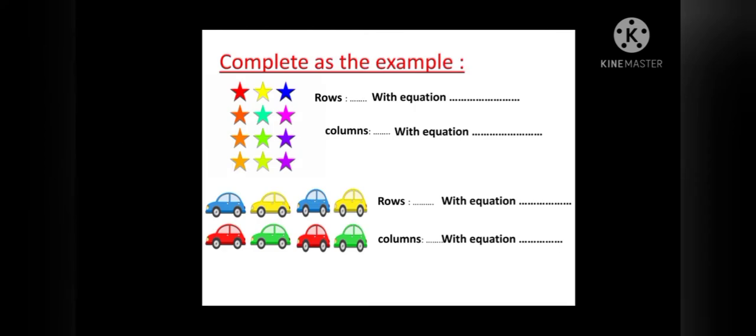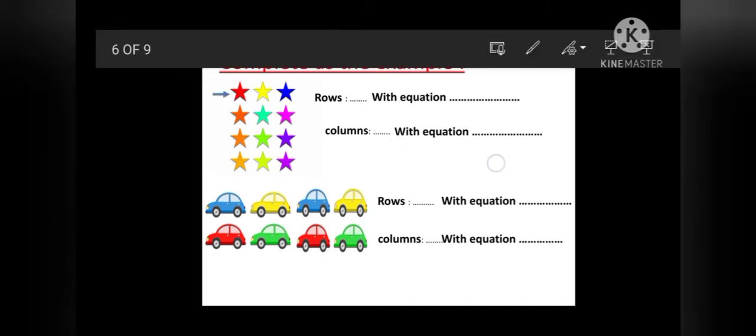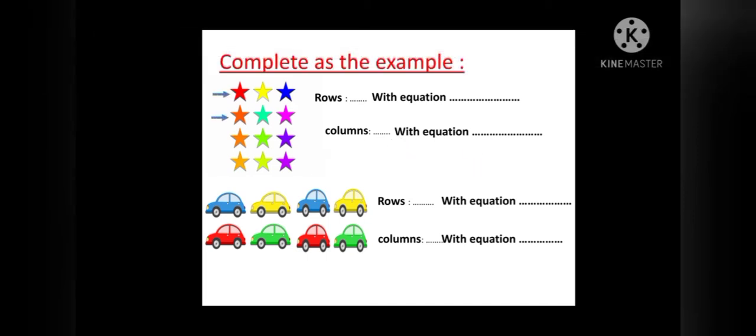Complete. In the first one here, it asks me how many rows, how many columns, with equation. What's the meaning of equation? I make repeated addition. First thing, I answer by using row. I told you the row is sleeping. Count with me. 1, 2, 3, and 4. I put 4.